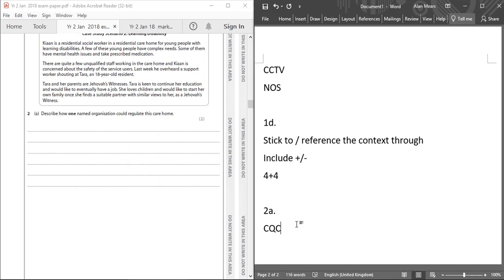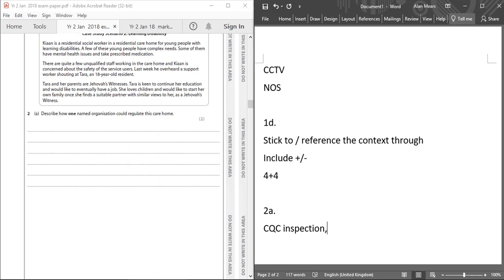So the CQC, their job is to inspect and regulate settings, hospitals, any care location. And as such, they would do this by doing an inspection, an observation. They will look at documents, they will look at patient records, they will speak to patients, look at complaints.